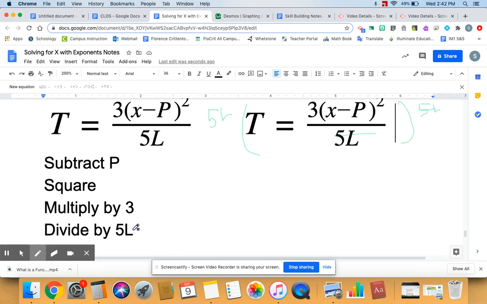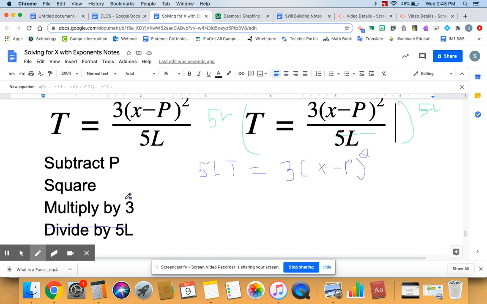So then I have the undone dividing by 5L. On this side, I have 5LT. It doesn't matter which letter I write first as long as my number goes first. Equals, and then on this side, the denominator canceled because we multiplied it away. But I still have 3 parentheses x minus p getting squared.